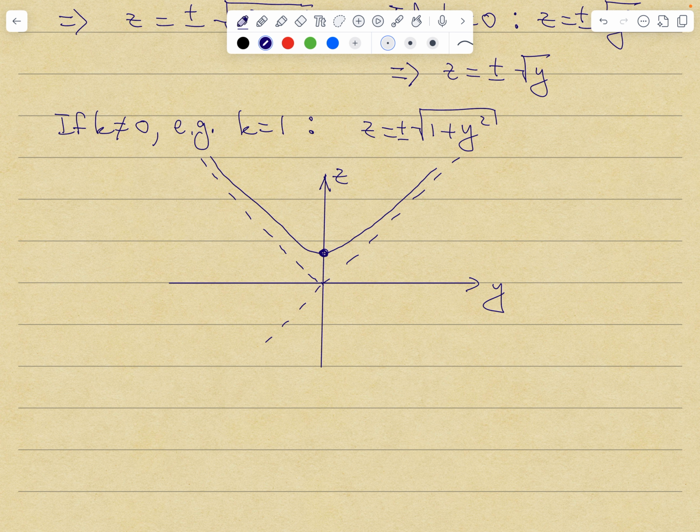Same behavior, of course, you get below the y-axis because I have z plus or minus the same thing, so the graph is symmetric with respect to the y-axis, so you get something similar downstairs. And if you remember the terminology, then these two graphs are called hyperbolas.